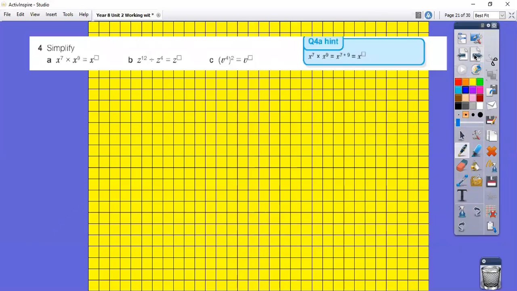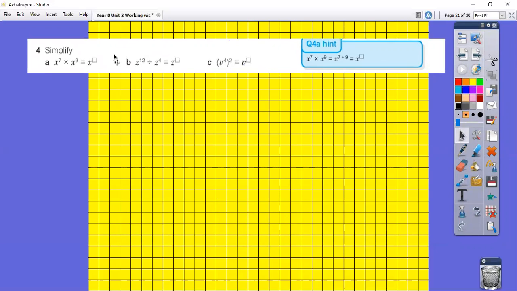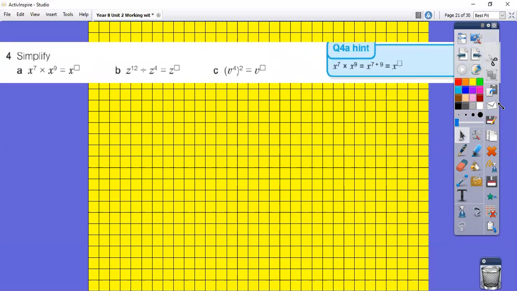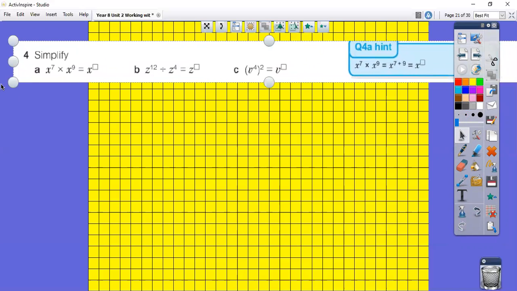Moving on to question 4. Again it's simplifying, so write them in the shortest form. We're saying x to the power of 7 times x to the power of 9 is x to the power of what? By now you should be able to do this quite easily. Z to the power of 12 divided by Z to the power of 4 will be Z to the power of what?